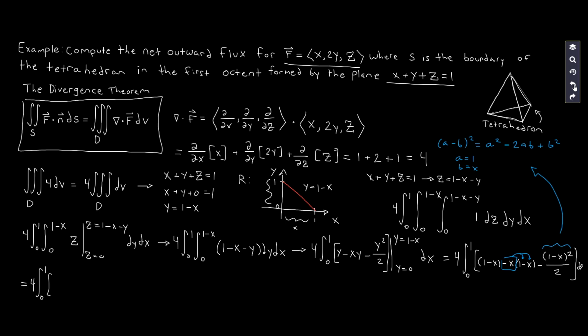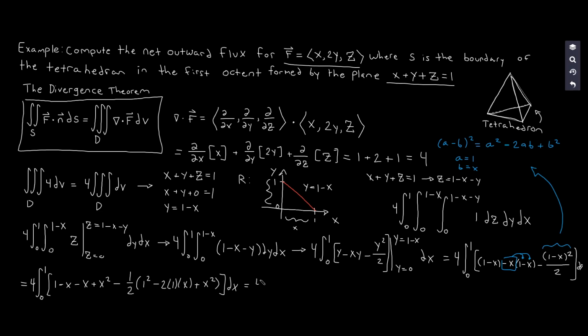I guess we could drop those parentheses for now. 1 minus x minus x, negative x times negative x is going to be plus x squared, minus, I'm going to factor out that 1/2, and I'm going to apply our rule, it's going to be 1 squared, plus, no, just kidding, minus 1 squared minus 2 times 1 times x plus x squared, integration with respect to x.